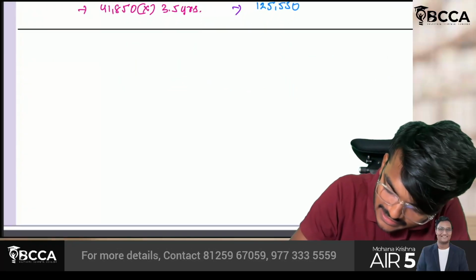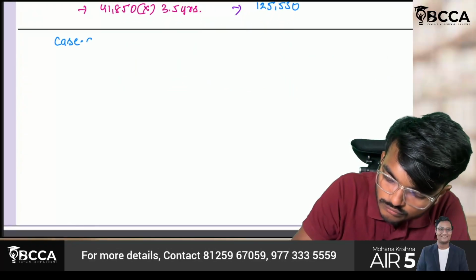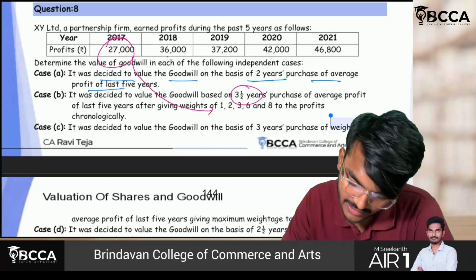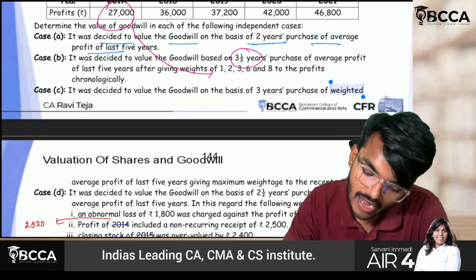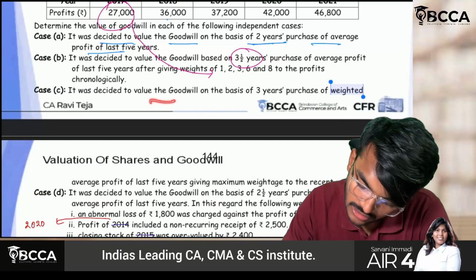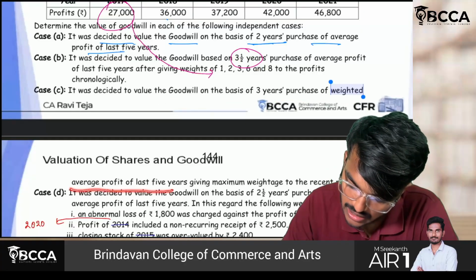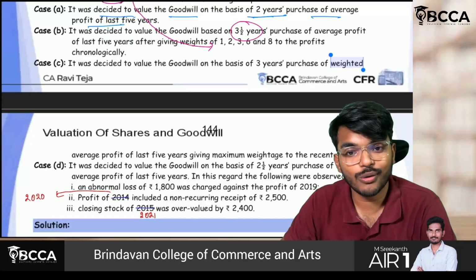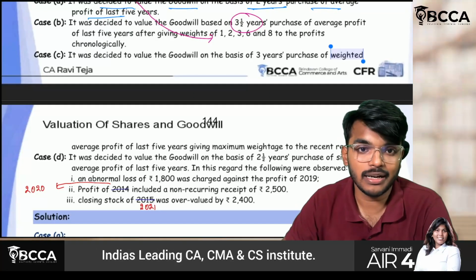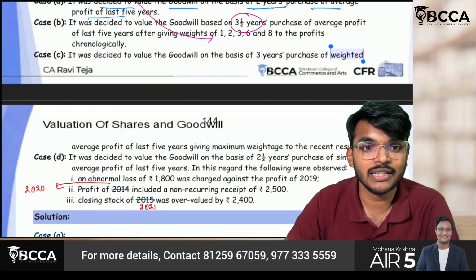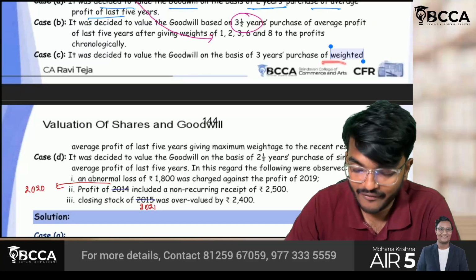But case C. In case C they are saying it was decided to value the goodwill on the basis of 3 years purchase of weighted average profit of the last 5 years. So now they are saying do the goodwill valuation based on weighted average.